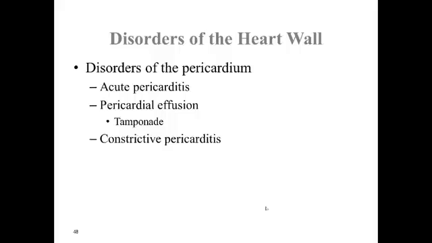Pericarditis is an acute inflammation of the pericardium. It's often idiopathic or caused by a virus, generally Coxsackie virus, influenza virus, hepatitis, measles, mumps, varicella, and is the most common cardiovascular complication of HIV.